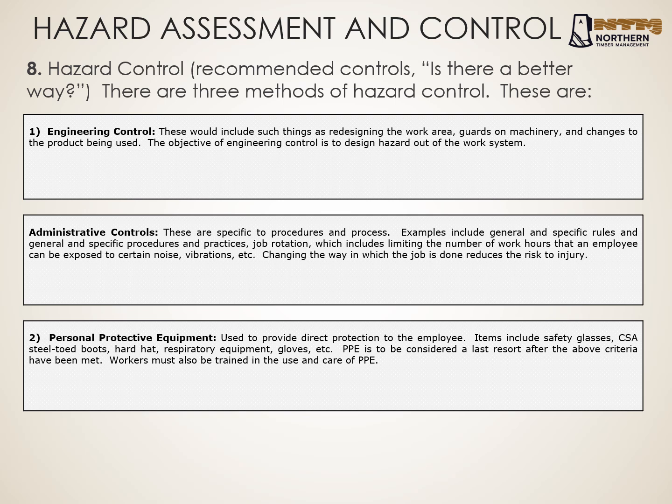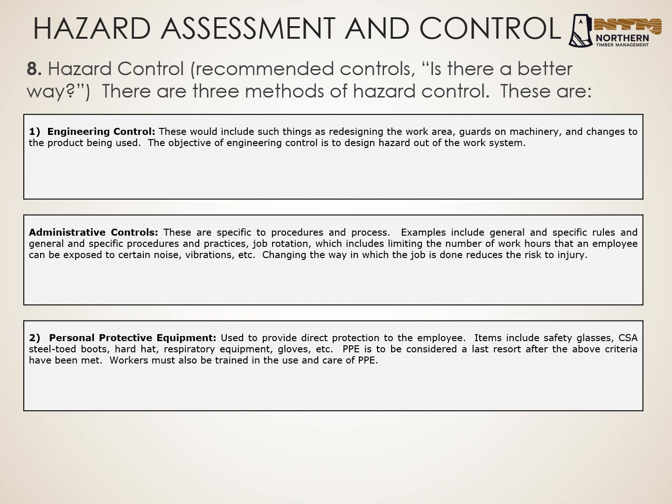Hazard control. There are three methods of hazard control. These are engineering control. These would include such things as redesigning the work area, guards on machinery, and changes to the product being used. The objective of engineering control is to design hazard out of the work system. Administrative control.